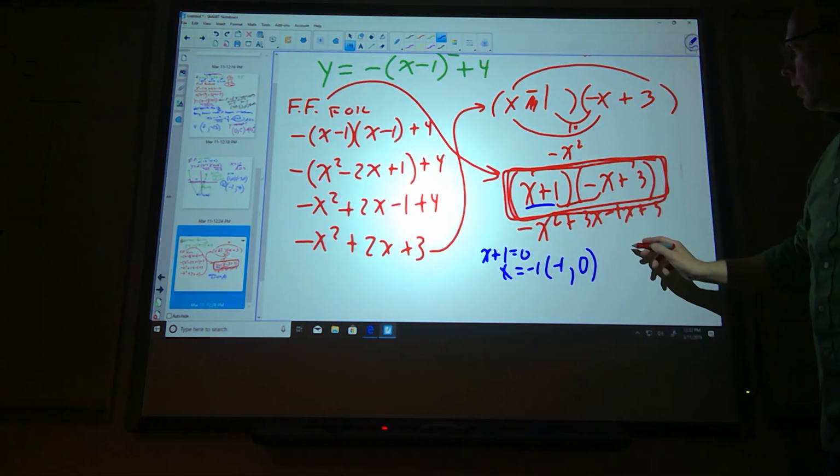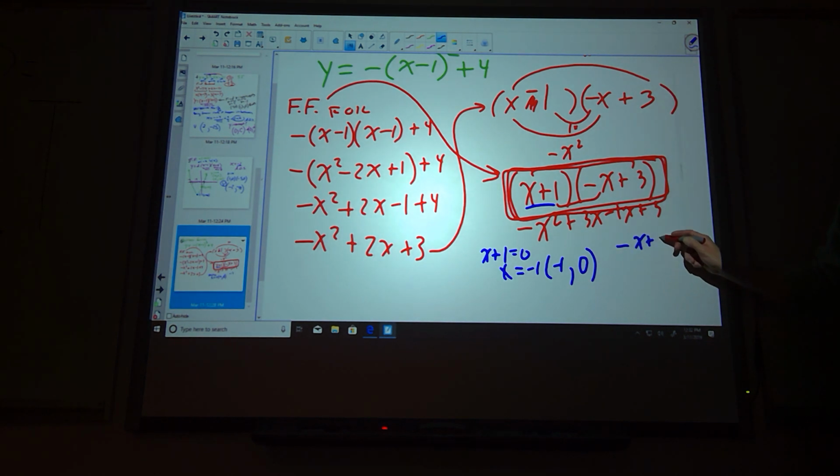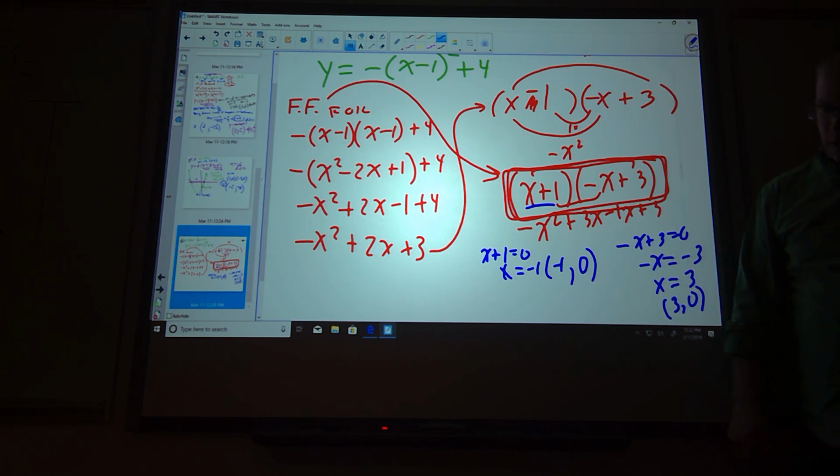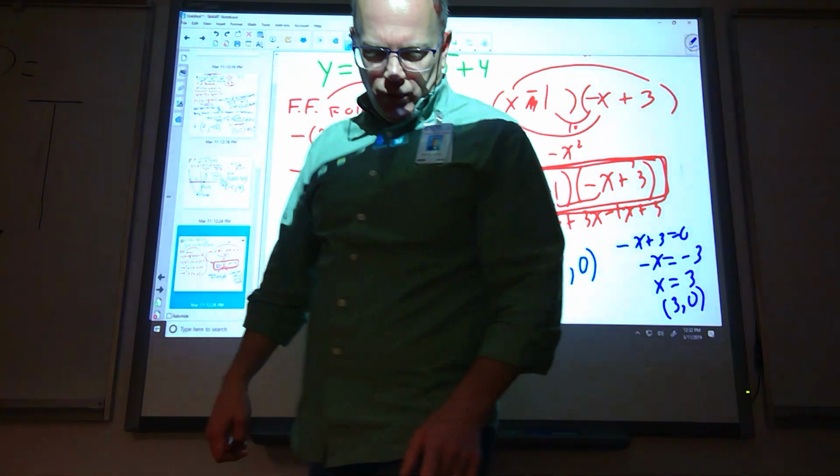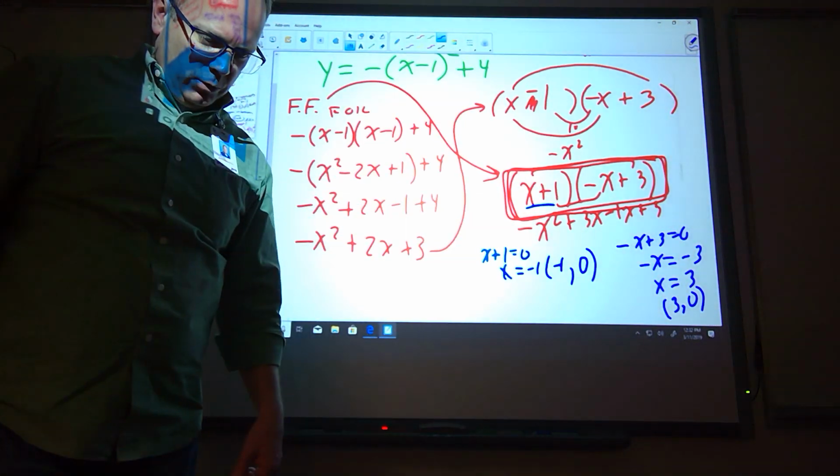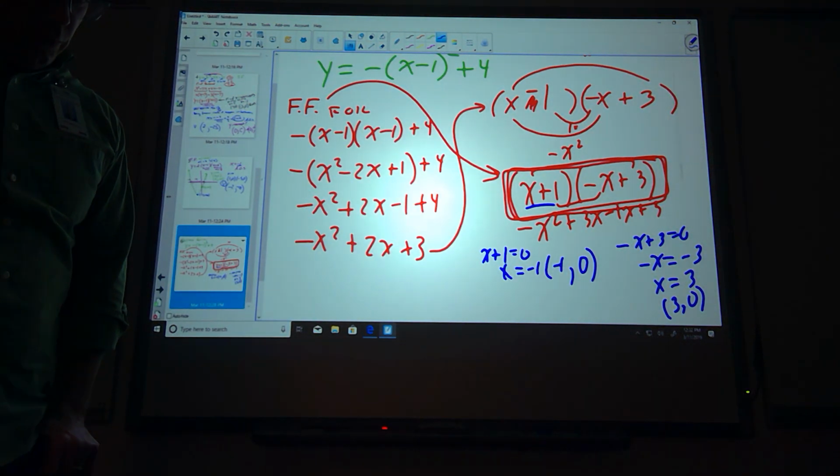And then negative x plus 3 equals 0. Subtract 3. So what's x have to equal? Negative x equals negative 3, so x equals positive 3. I like it. So I got my roots. We found the x-intercepts because we put it in factored form.